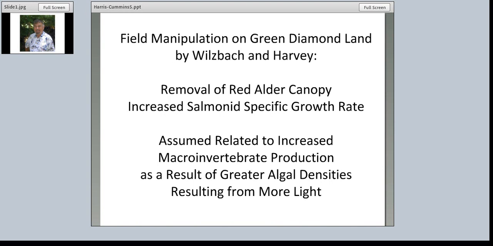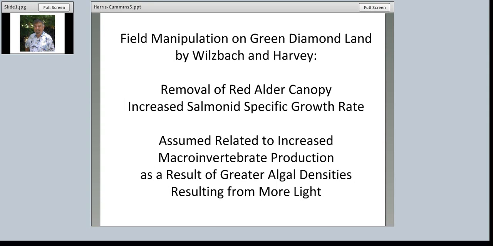In a real large experiment done by Wilsbach and Harvey at Humboldt State, Wilsbach with the California Cooperative Fisheries Unit, and Harvey with the Forest Service, on Green Diamond land. Green Diamond has been a big supporter of this kind of research from the beginning.